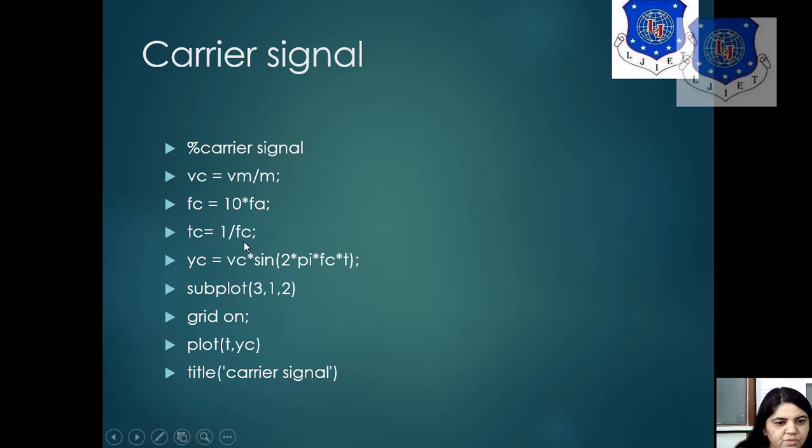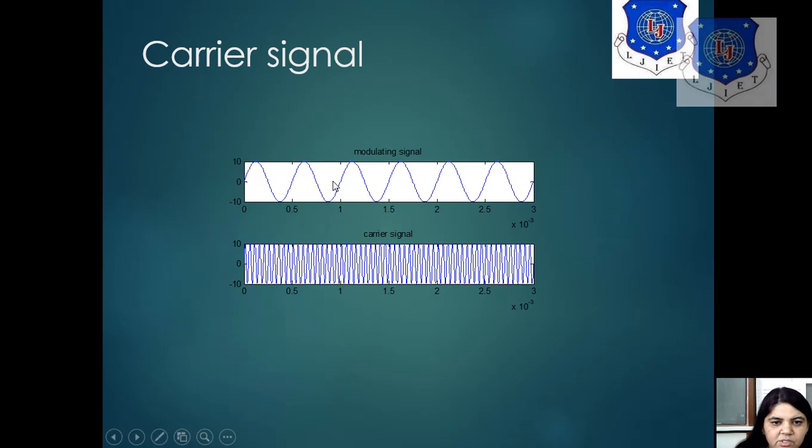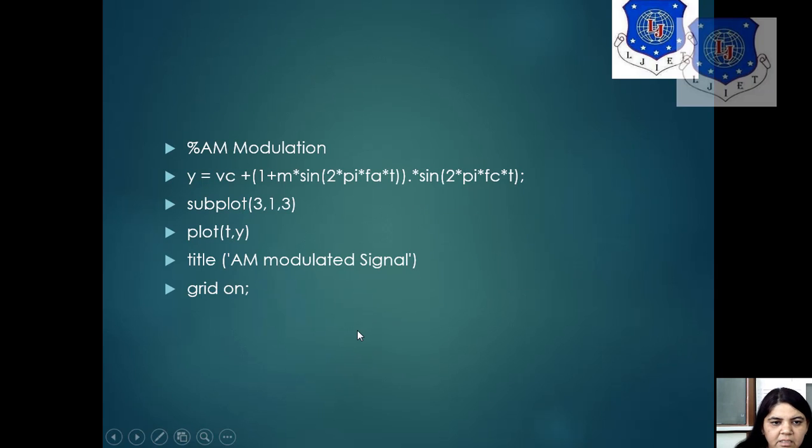Tc time is equal to 1 by Fc. Yc is equal to V sine 2 pi Fc t. In the subplot command, 3 means the plot is divided into 3 parts, 1 means the one column, and 2 means the second figure. So here you can see the modulating signal and carrier signal.